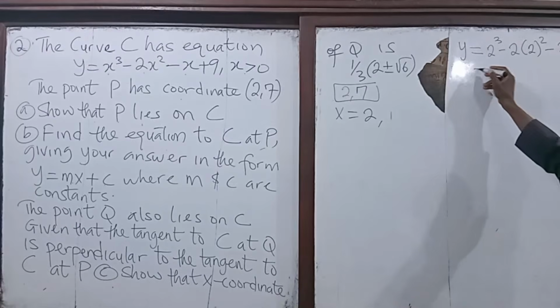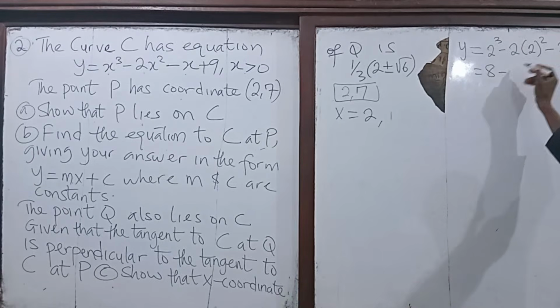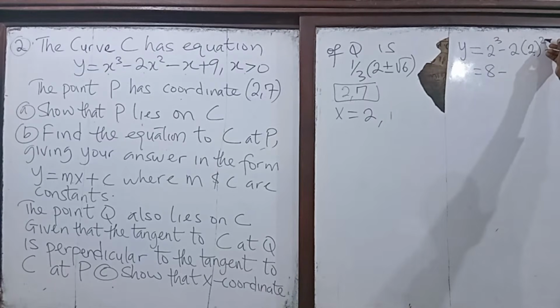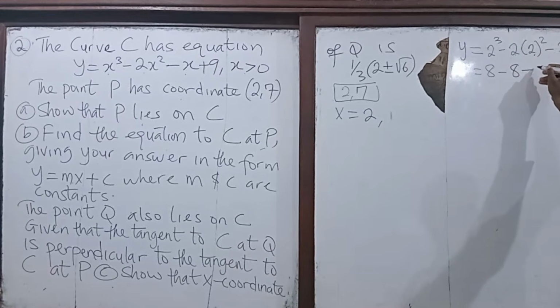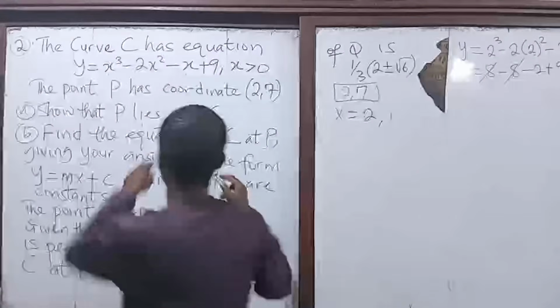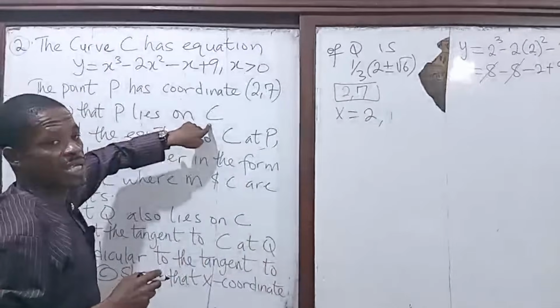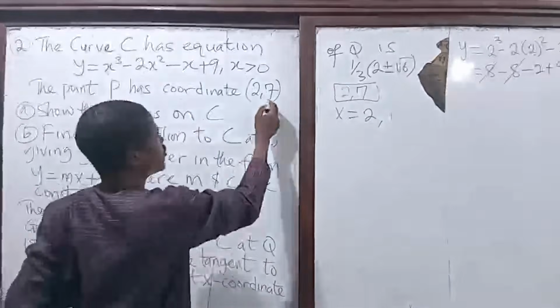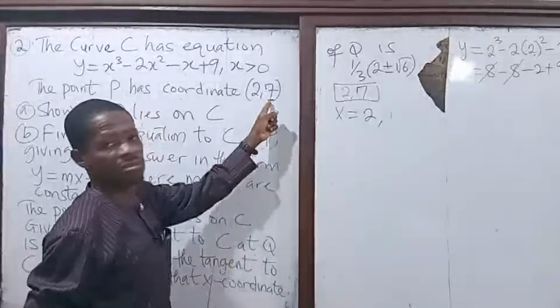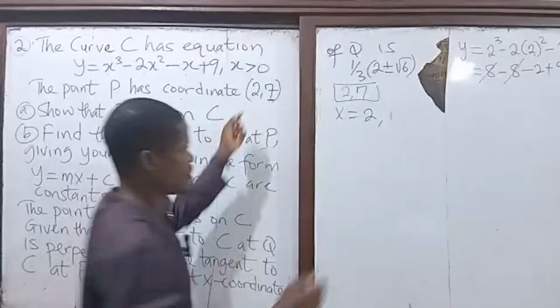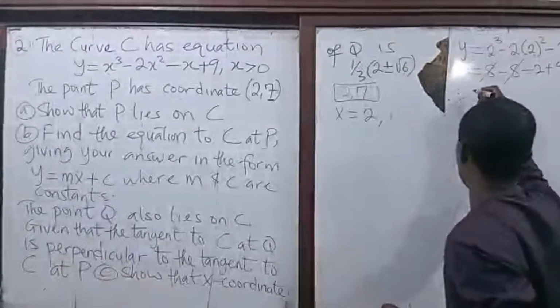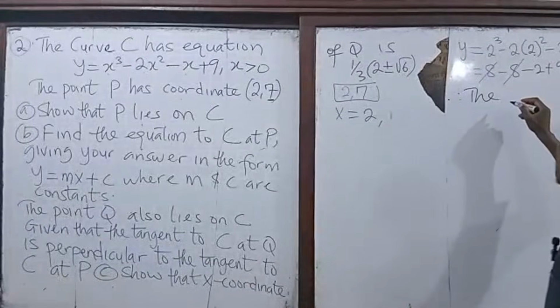That is 8 minus, 2 squared is 4, times 2 is 8, then minus 2 plus 9. This is on C, so your y value must be 7.